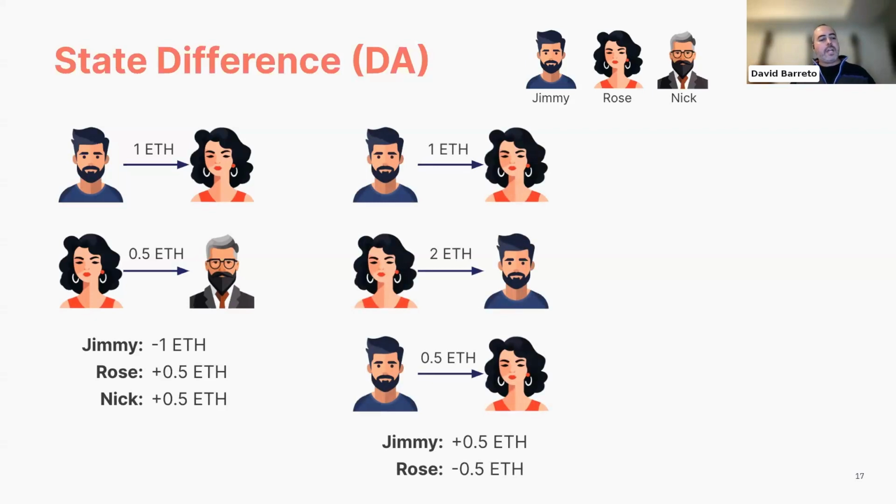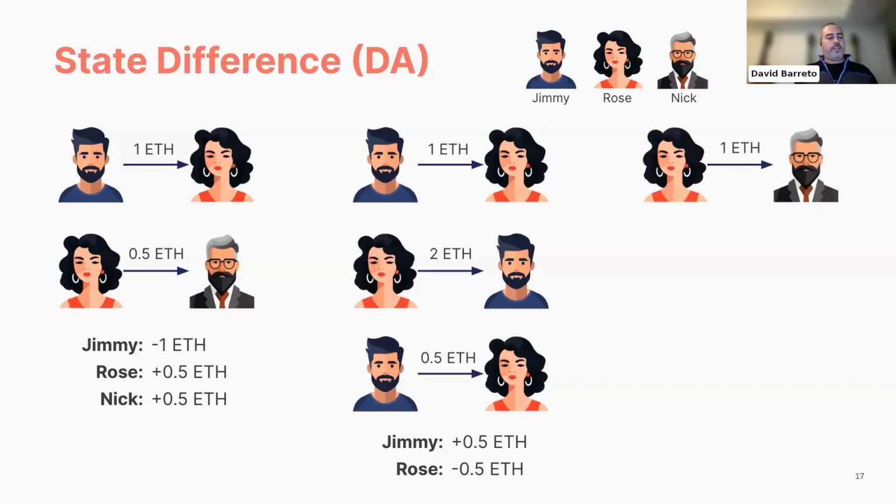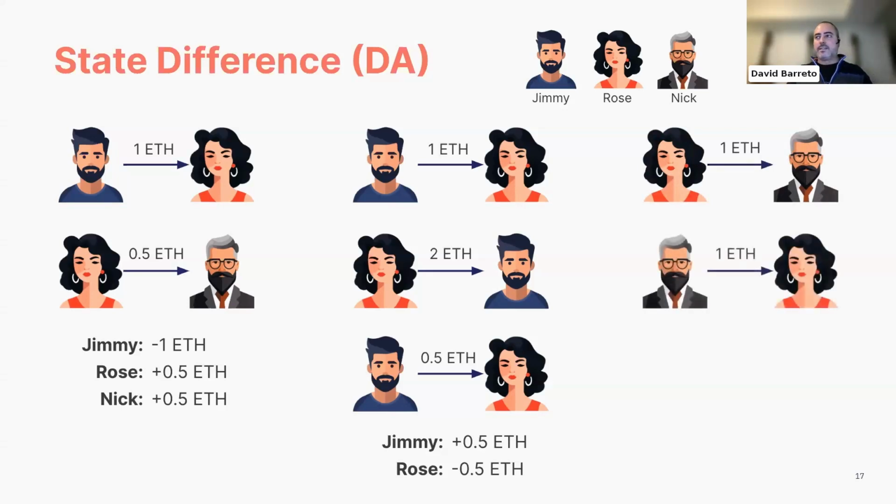So you can see that even though we have more transactions, in this case, we send less data to layer 1. So these transactions in theory will be cheaper than in the first example. The more extreme case will be when there are no changes to the state when you execute all the transactions. For example, if Rose sends 1 ETH to Nick and then Nick sends it back, then nothing is changed and nothing is sent as data availability to layer 1. So that will be the cheapest transaction you can find.